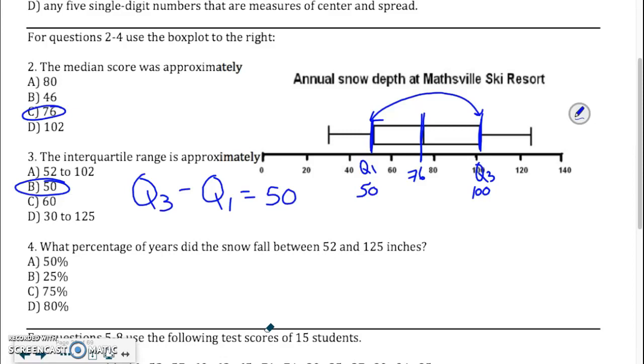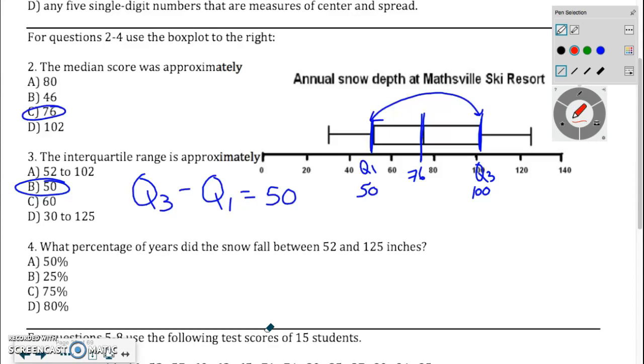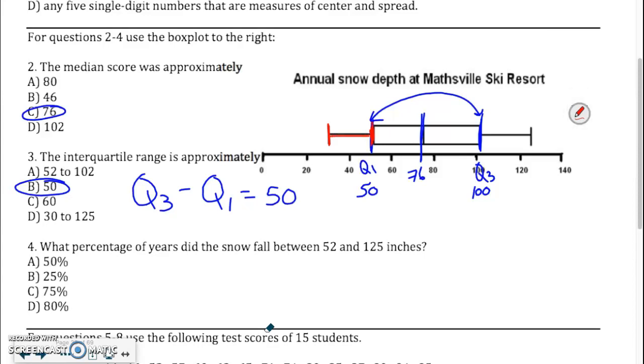What percentage of years did the snowfall have between 52 and 125 inches? All right, so remember, with a box plot, each portion of this box plot is 25% of your data. So as you can see, as I'm drawing these lines, I've got 25% chunks. It's split into fourths. The top whisker being the top fourth of the data, the bottom whisker being the bottom fourth of your data.